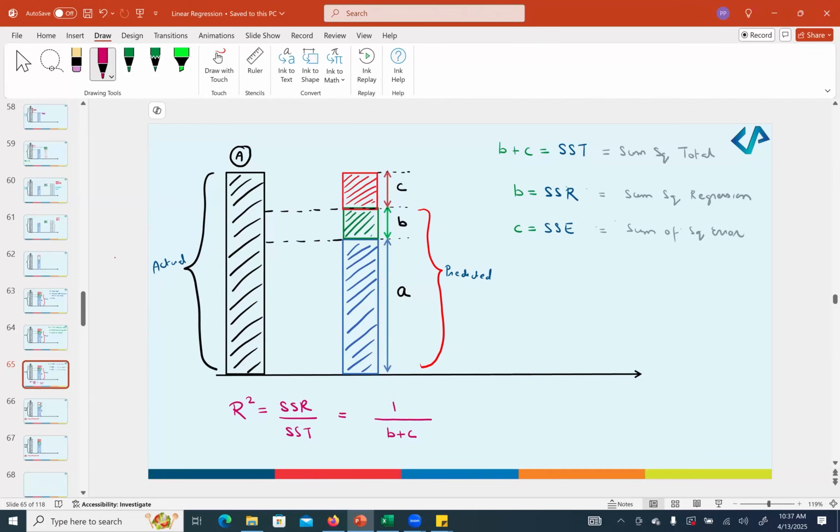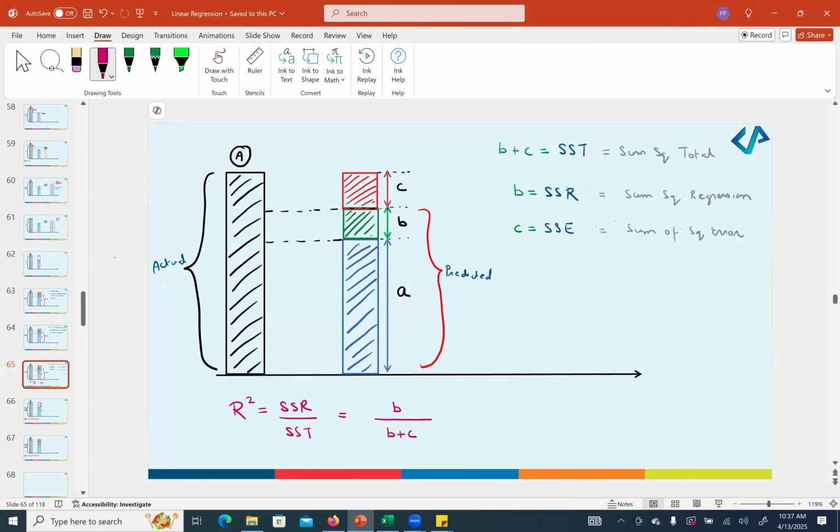B. So R square is nothing but the total variation that your model is being able to explain divided by the total variation that exists in the data.